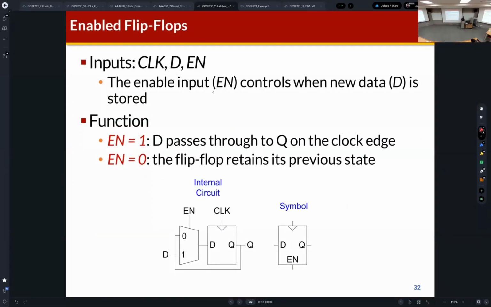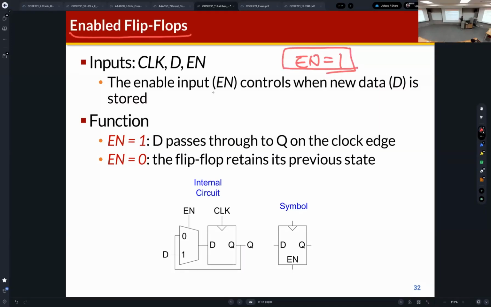Also, we can implement different types of D flip-flops. The first type is the enabled flip-flop. Enabled flip-flop means that the sampling of the input signal is enabled if this EN signal is 1.